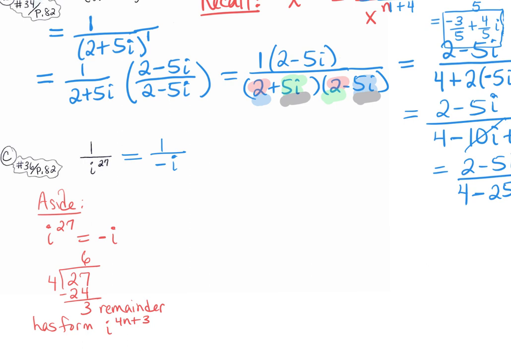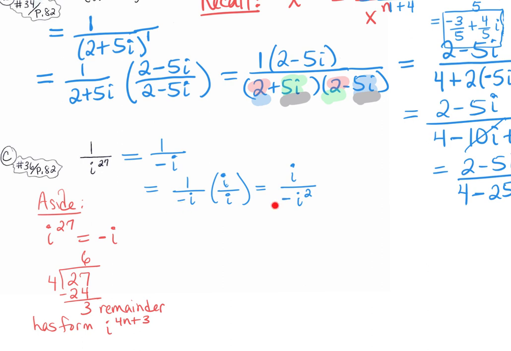So we multiply this 1 over negative i by i over i. And this gives us i over negative what? What's i times i? i times i is i squared. Good. And it's negative because we have that negative hanging out here.